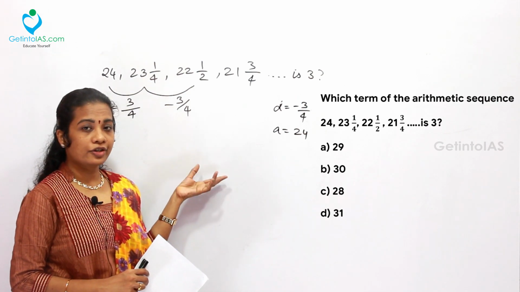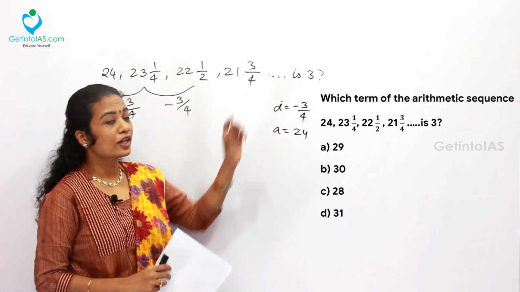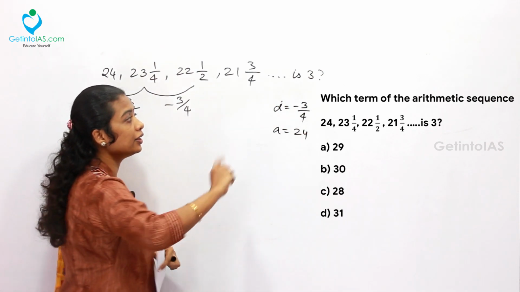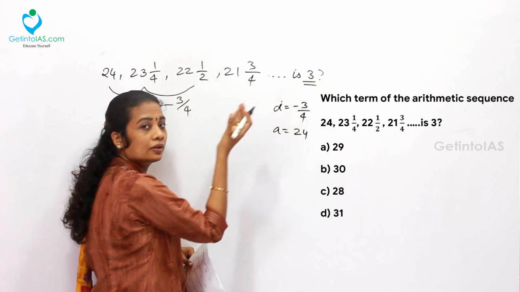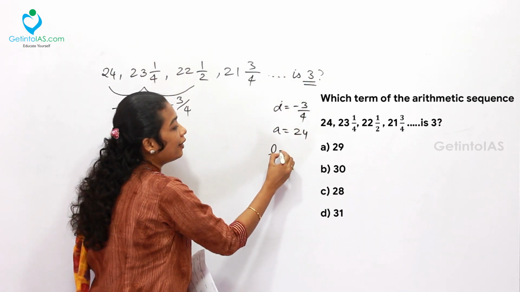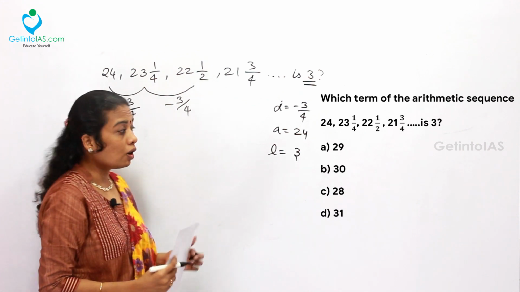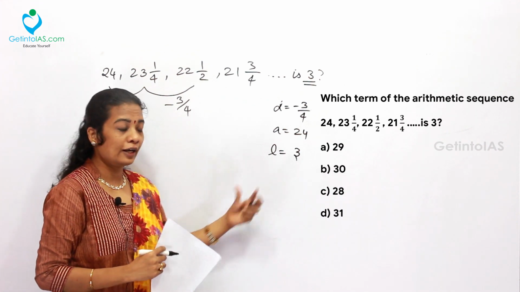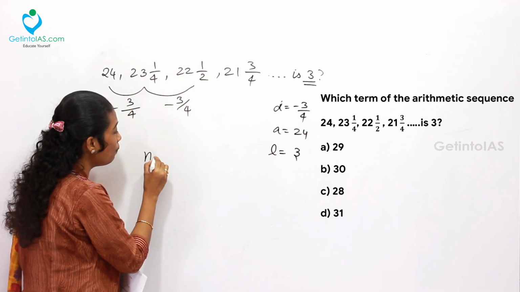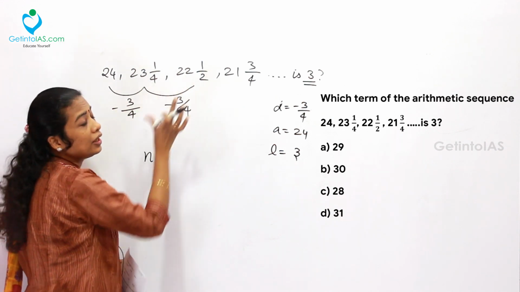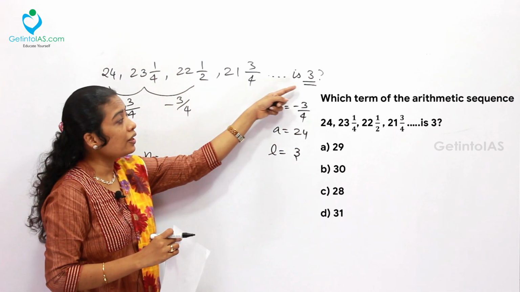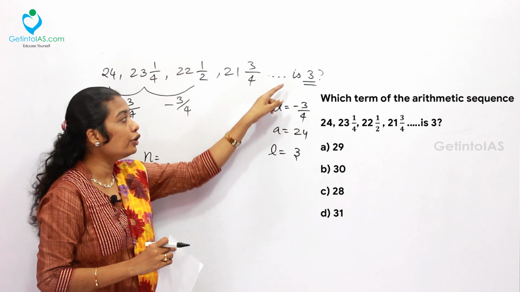In these kinds of questions, you can simply assign the desired number, that is the number 3, as L. Now our work will become very easy. We require the number of terms, that is how many numbers are present up to 3, that is the value of n.